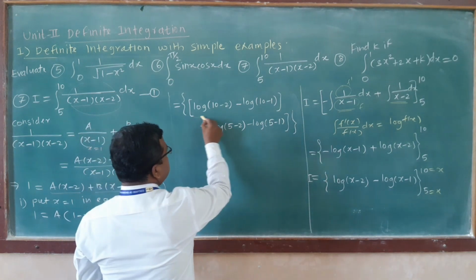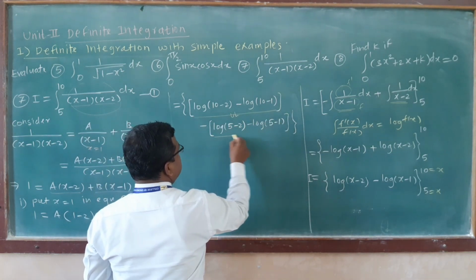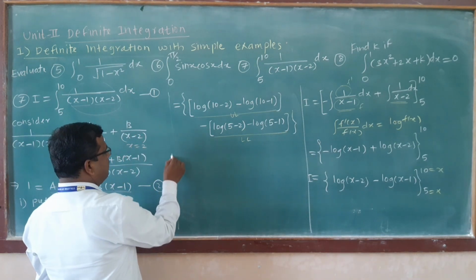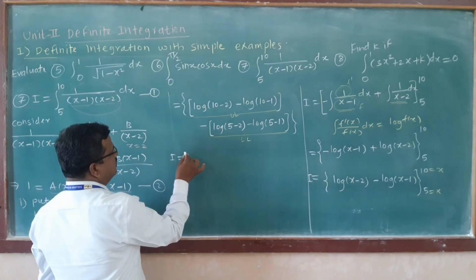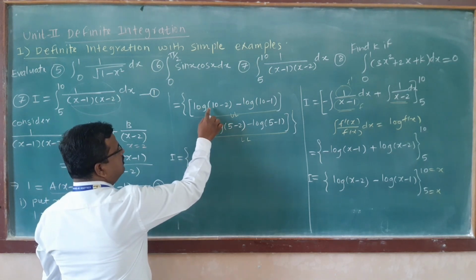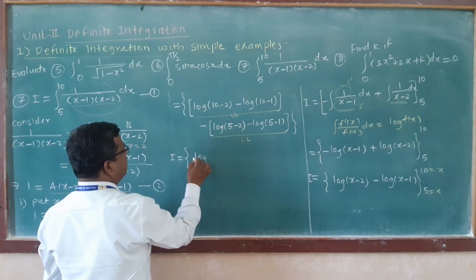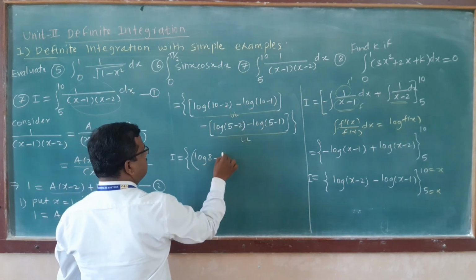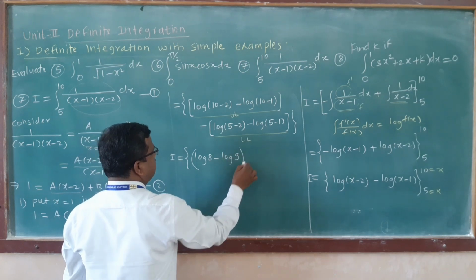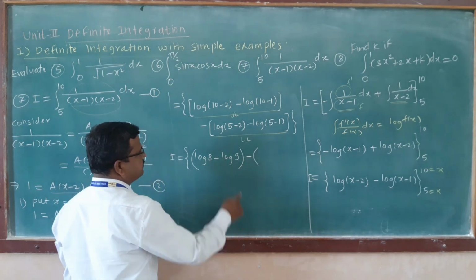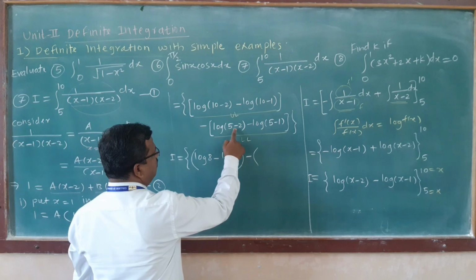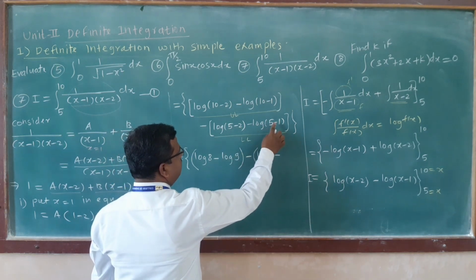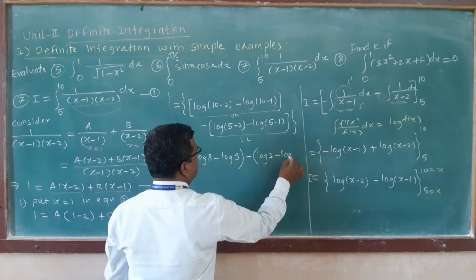So this is upper limit minus lower limit, therefore I is equal to, now simplify this, this will be log of 10 minus 2, 8, minus log of 9, minus log of 5 minus 2 is log of 3 minus log of 5 minus 1, this is log of 4.